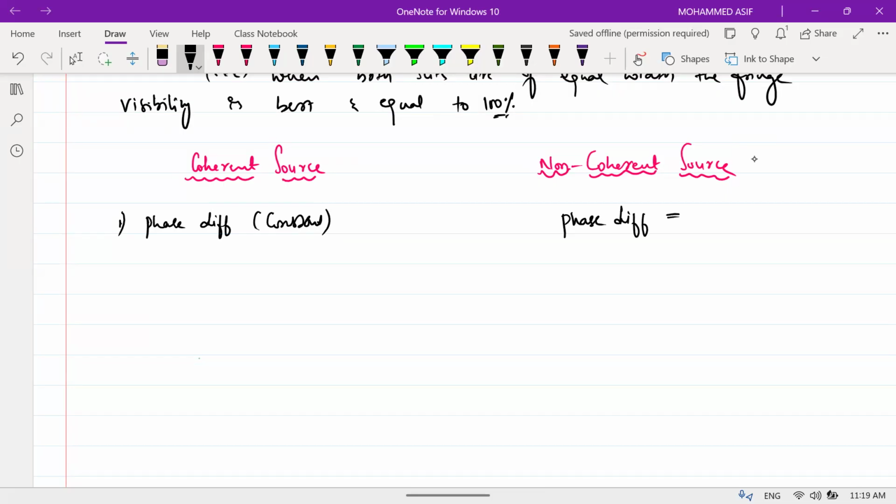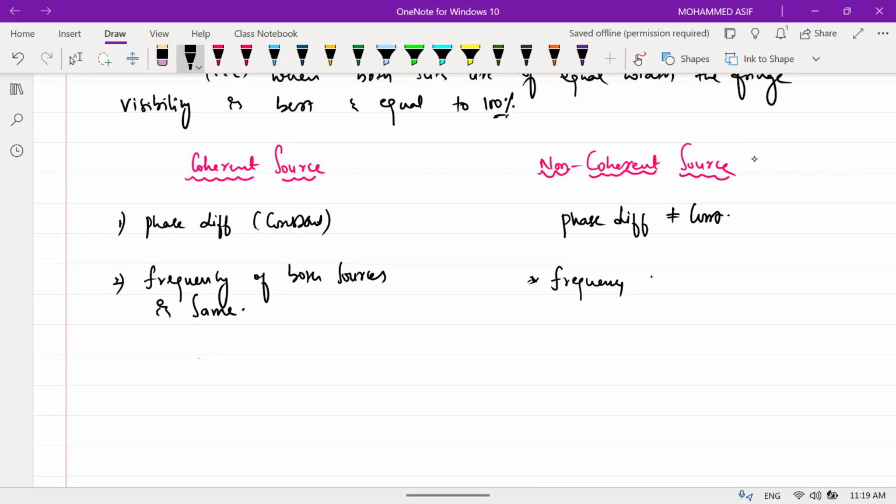And in coherent, the frequency of both sources is the same. Whereas here, frequencies are not the same. Coherent sources show the phenomenon of interference, and non-coherent sources do not show interference.